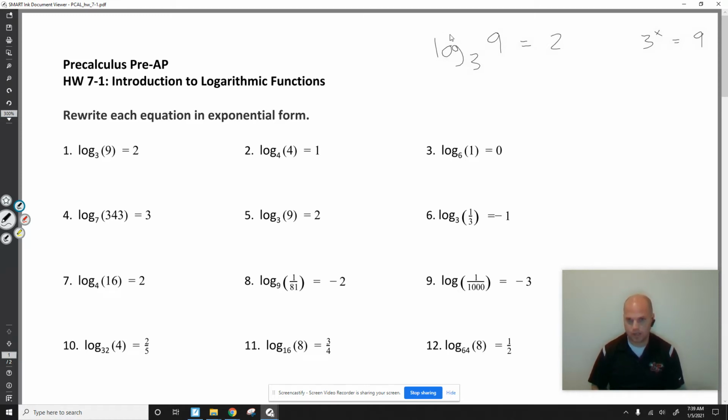We'll show you how to type this into your calculator, or how you can rewrite it to see that it's true: 3 to what power is 9? So 3 to the x equals 9, x has to be 2, well, x equals log base 3 of 9, so log base 3 of 9 has to be 2. And we'll see how we can get that in a calculator.